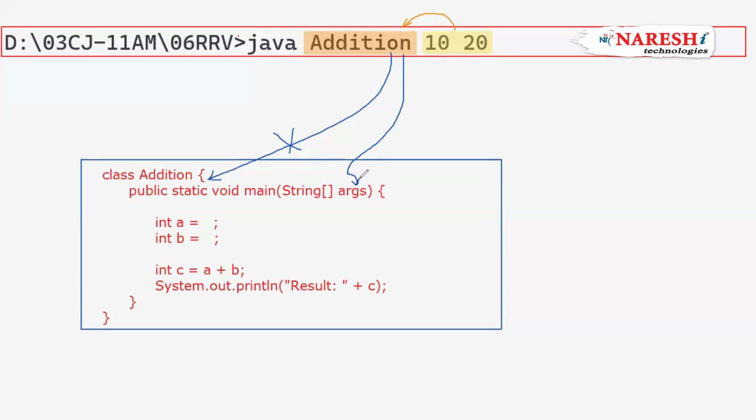Main method parameter. What is the main method parameter name? args. But what is the main method parameter type? String or string array? String is different, string array is different, the square brackets are there, right? It is a string array, it is not a string.